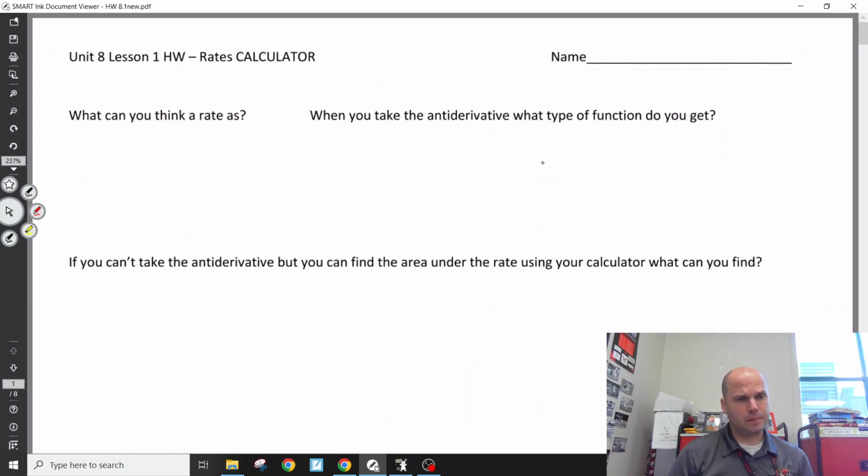Okay? The important thing to think of when you get into these problems is that rates are derivatives. They're velocities. Rates, derivatives, velocity, how quickly something is changing.